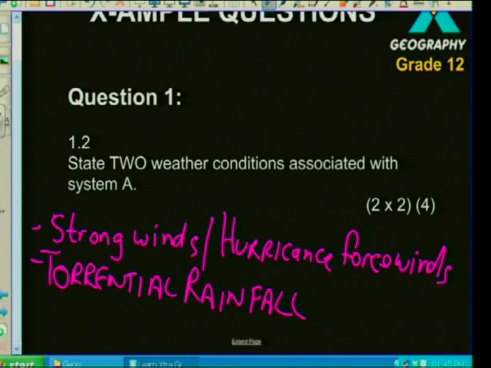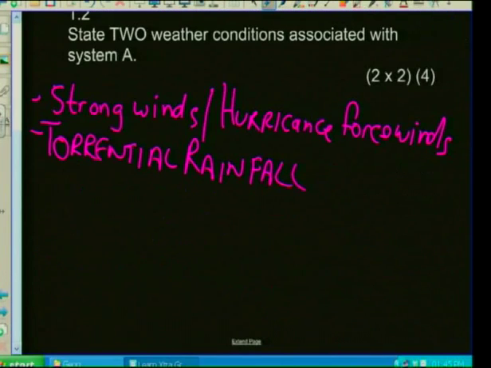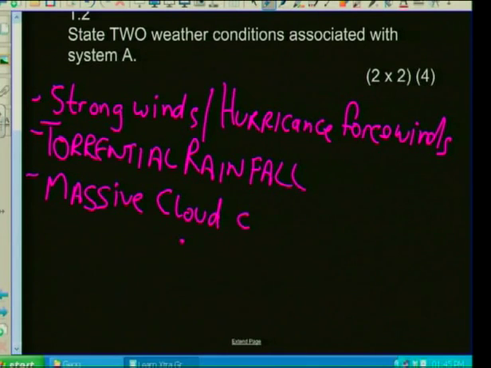Okay, if you want to go further, I like the more definite ones, but we can talk about massive cloud cover. That could be happening. I do apologize for those little things coming through. My technology is a bit limited. I suppose it's my age and gray hair.